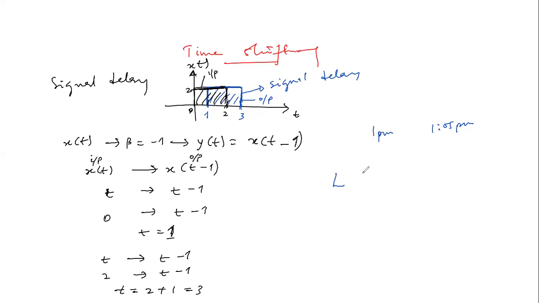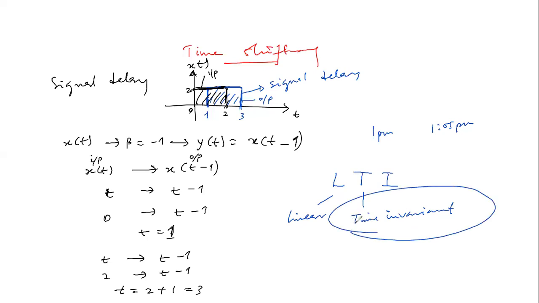So what is a linear time invariant system? LTI, right? So it is linear, it is time invariant. So it means that the output of the system is not altered regardless of the time of transmission.